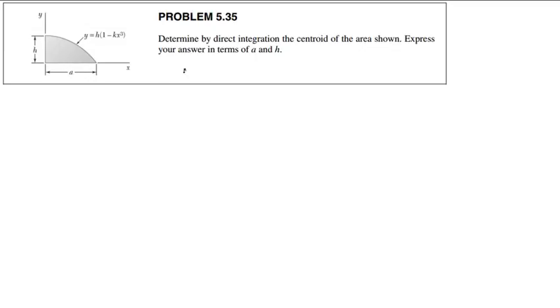Well, we have y equals h times 1 minus k x to the third, like so.